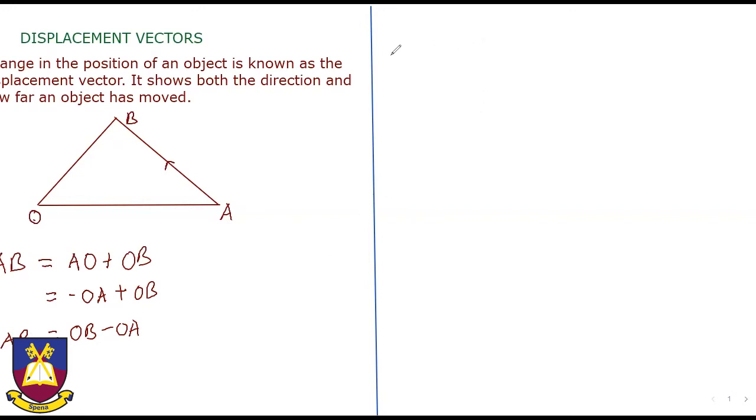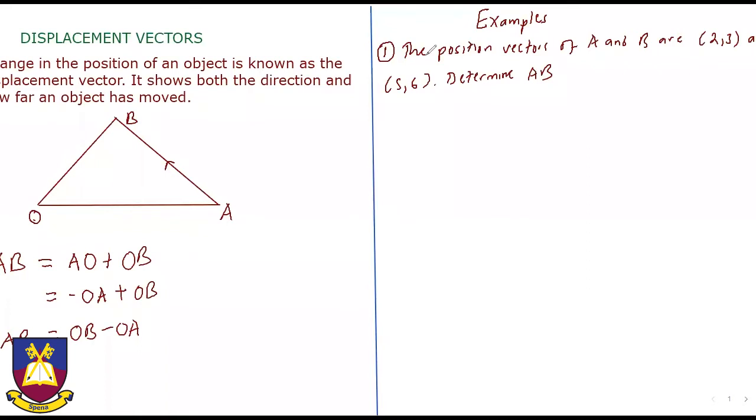So for example, let's look at examples about displacement vectors. The position vectors of A and B are (2, 3) and (5, 6). Determine AB. Now, in order to get the displacement vector AB, we're going to get the position vector of this minus this, which is OB minus OA.